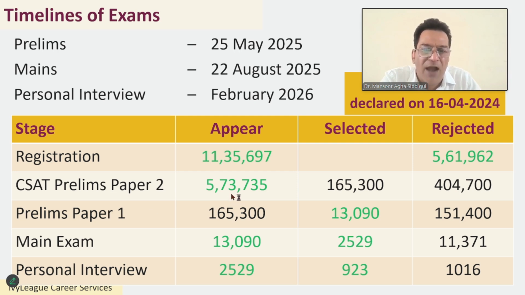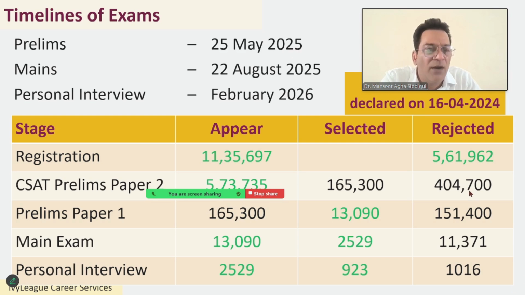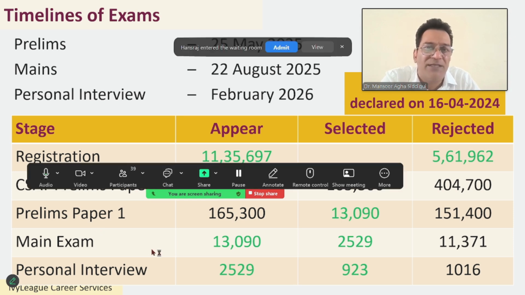As a result, out of 5.7 lakh students, only 1,65,300 students cleared the CSAT paper, which means roughly 4 lakh students were rejected in the CSAT paper. Out of all of these 4 lakh students who got rejected in CSAT, there must have been a lot of students who possibly had prepared very properly for their prelims paper 1, the GS paper 1, and may even be ready for taking their mains examination.